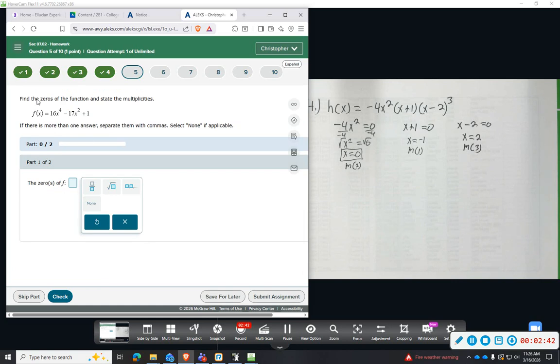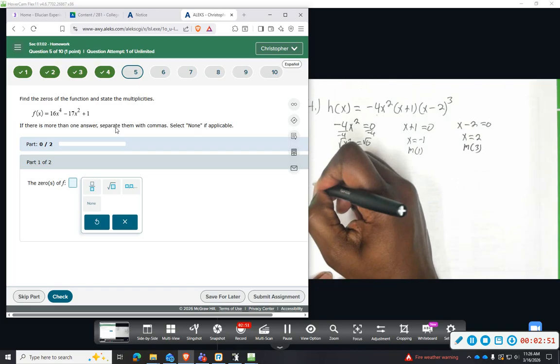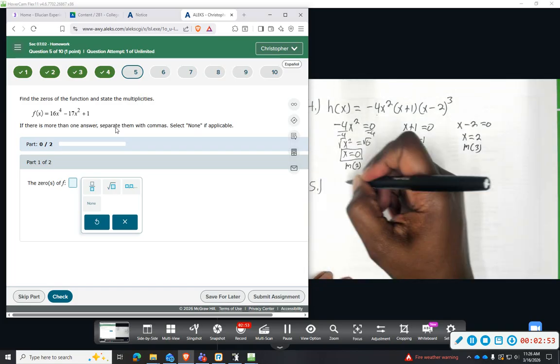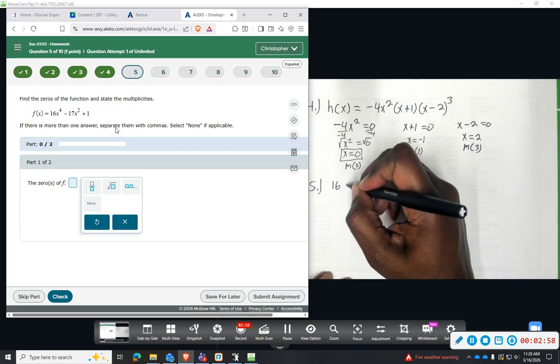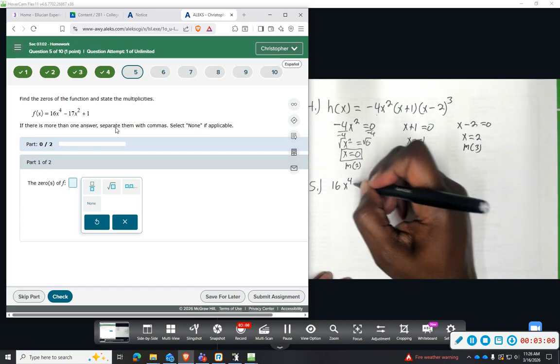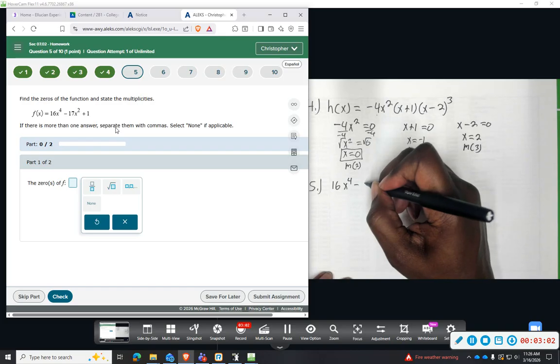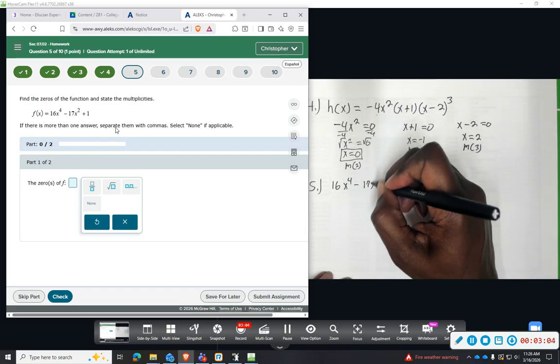All right, number 5, we're going to find all the zeros and state the multiplicity. So we're going to have to factor this one. It's not in factor form. As mentioned on the previous problem, we're going to treat this like a quadratic because we see an x to the 4th, and then we have 17x squared.